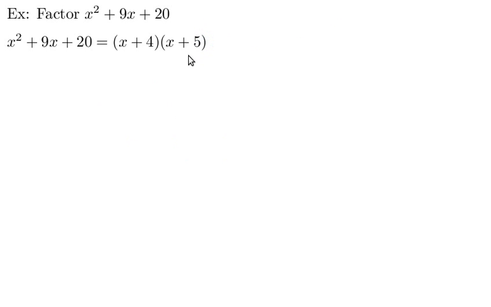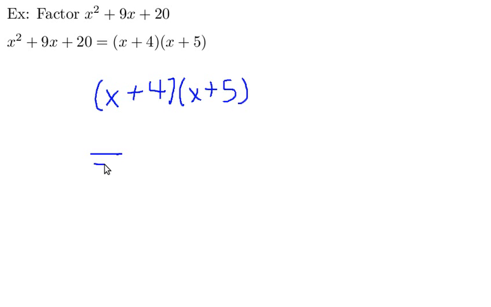Okay, so let's go ahead and clear that off. And finally, once more, let's go ahead and check it. So if we have x plus 4 times x plus 5 is equal to x squared plus 5x plus 4x plus 20.